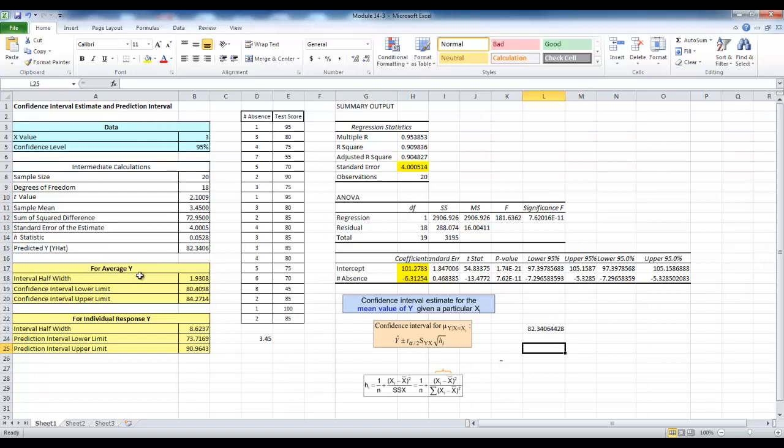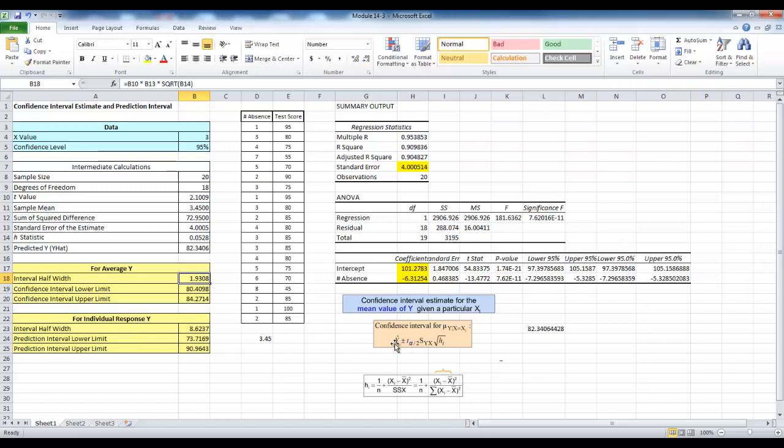And then, in order to set up our confidence interval, we need to find first this part here: t value, which is B10, times SYX, which is B13, the standard error of estimate, times the square root of h, which is SQRT of B14.